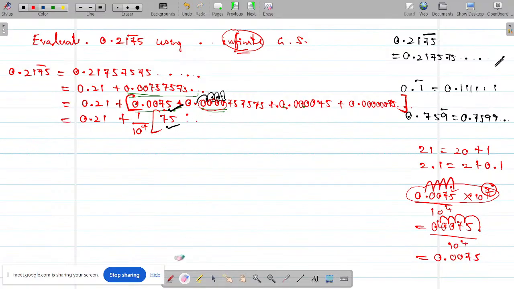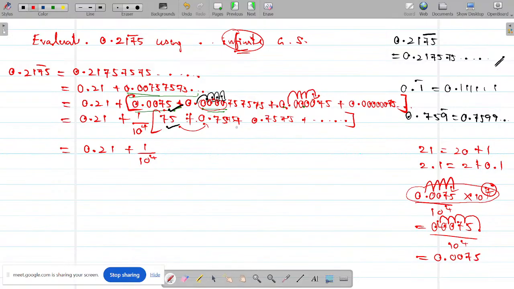Plus 0.75. Then again, it shifted 4 places, 1, 2, 3, 4. 7575 will go on. Then 0.7575 it will go on. Okay? Right? So now it happens, 0.21 plus 1 by 10 power 4 will be same.